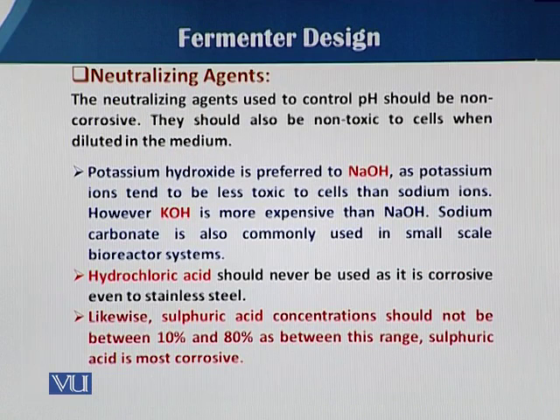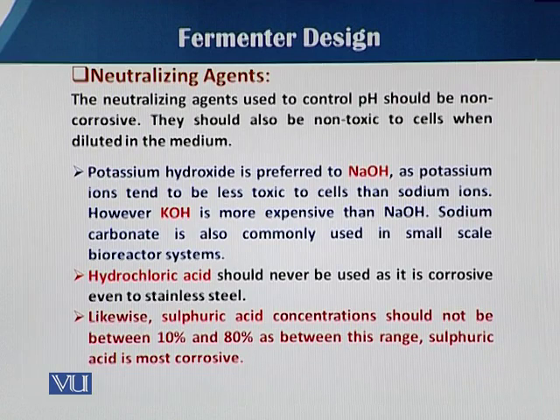The neutralizing agent used to control the pH should be non-corrosive. In the case of hydrochloric acid, if the vessel is stainless steel, we cannot use any chlorinated compound, or those compounds which have chloride in the end.